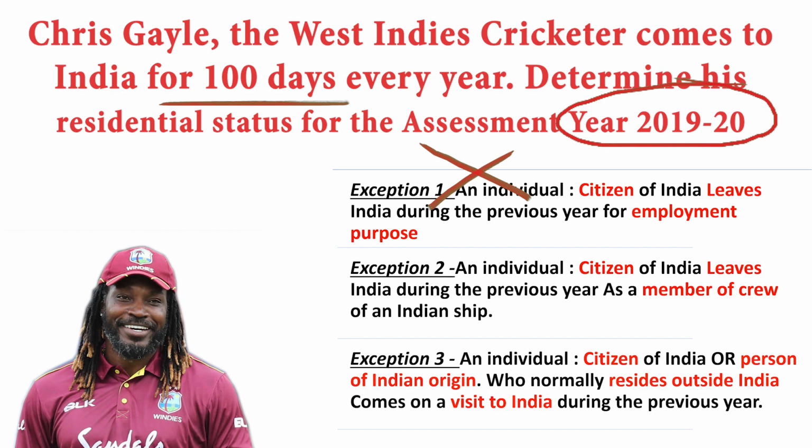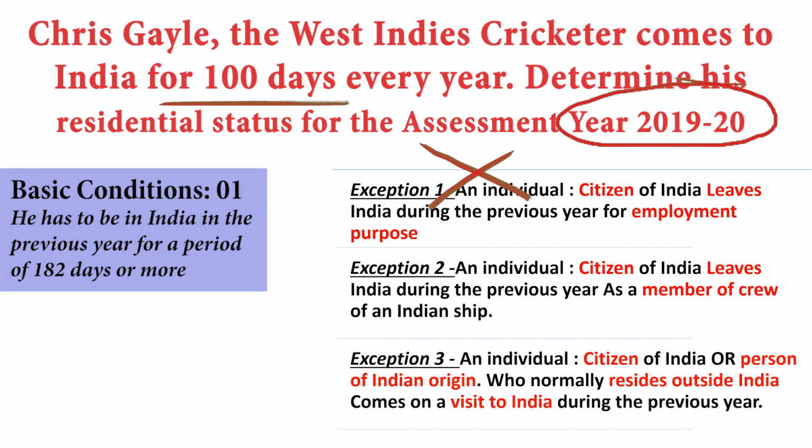Now the first basic condition is, he has to be in India for a period of 182 days or more during the previous year 18-19. Now as the question clearly says that Chris is coming to India every year for 100 days, even in the year 18-19 he would have been in India for 100 days, which means he is not satisfying the first basic condition.